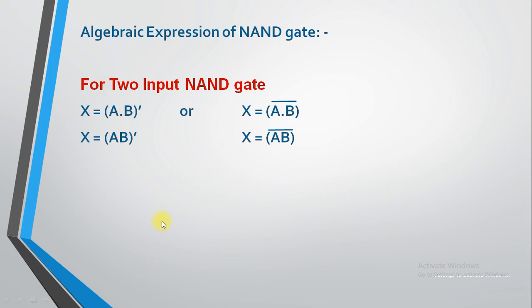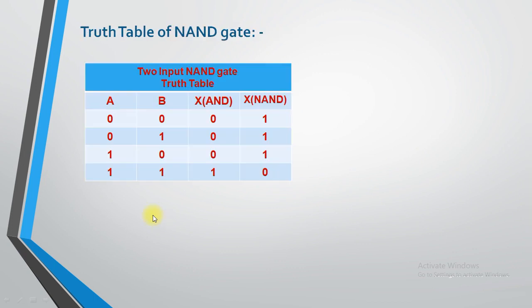Next is the truth table of the NAND gate. I have already explained this. Over here we have taken the 2 input NAND gate truth table, which contains input variables A and B, X AND and X NAND. The output of X AND is 0 0 0 1.